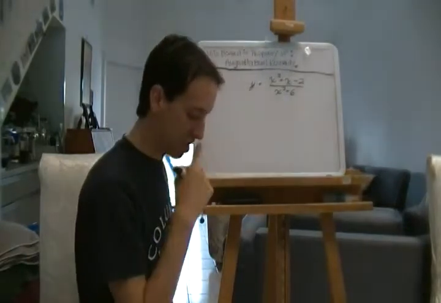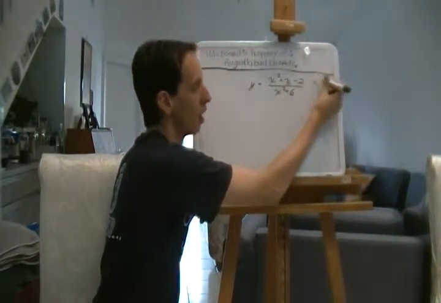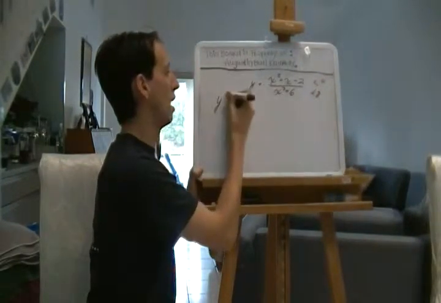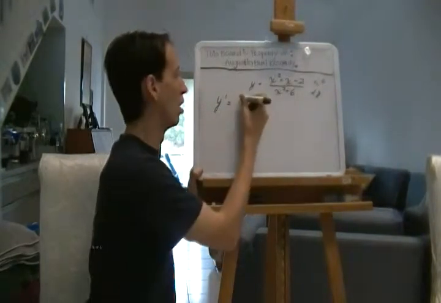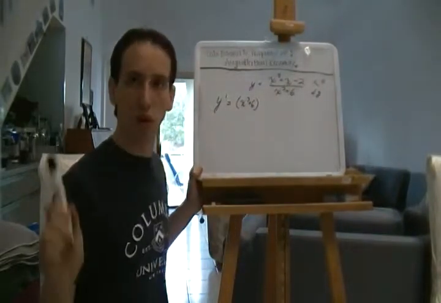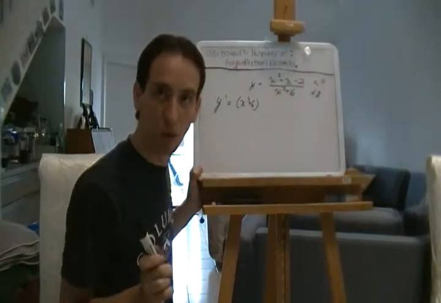All right, let's get going. We know that we'll call the top f, the bottom g. So y prime, the derivative, should be the bottom, x cubed plus 6, times the derivative of the top. Now the top is x squared plus x minus 2.